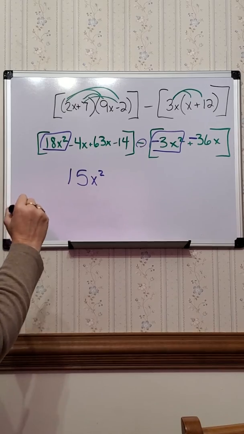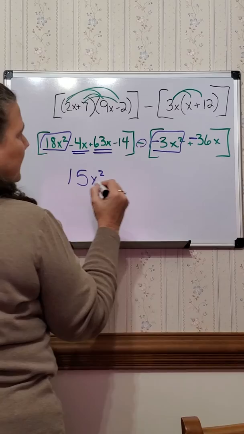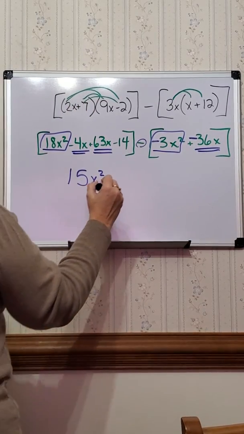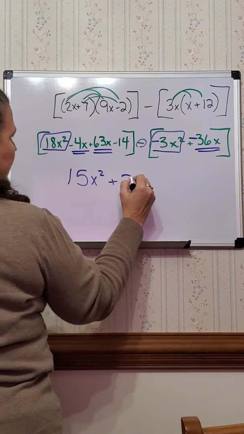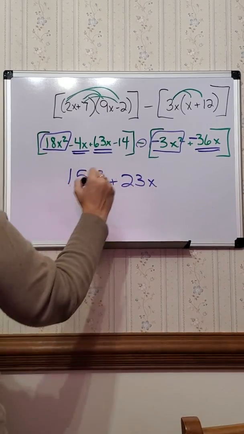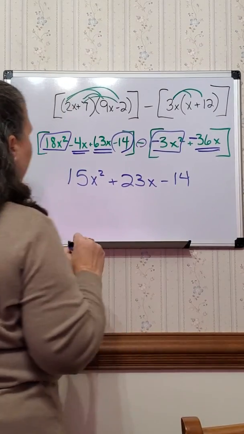Now I've got a few more x's to combine because I've got this negative 4, I've got a positive 63, and a negative 36. So I'm going to end up with a positive 23x. Now I've got this negative 14, nothing else I can combine it with, so it goes on the end.